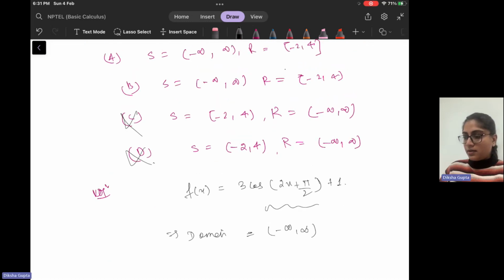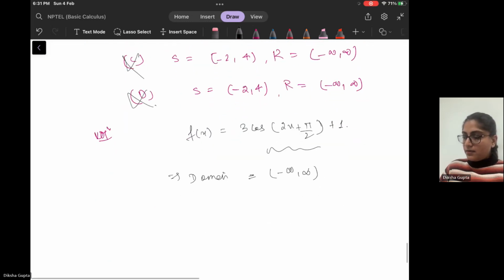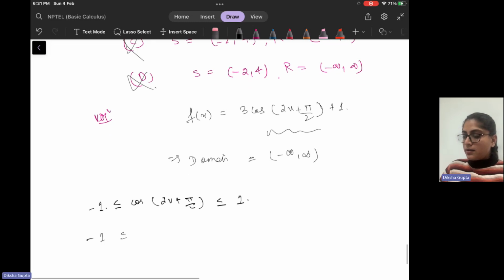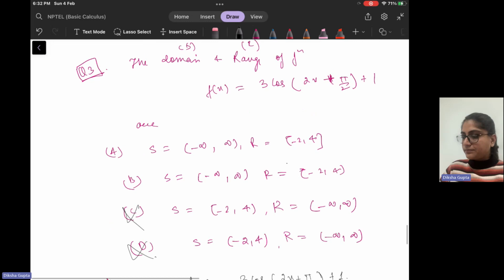So the range. Firstly see that cos(2x + π/2) will always take values between 1 and minus 1, right? And if you multiply it with 3, 3 cos(2x + π/2) will take values between minus 3 and 3.